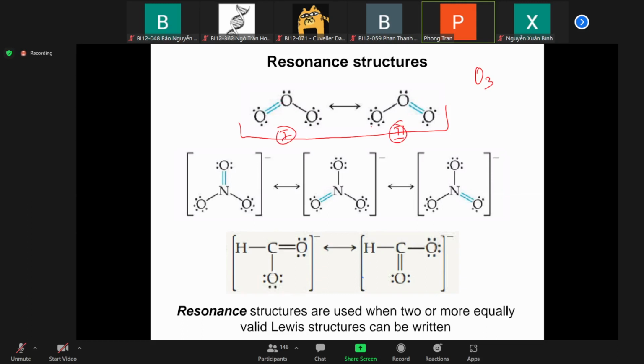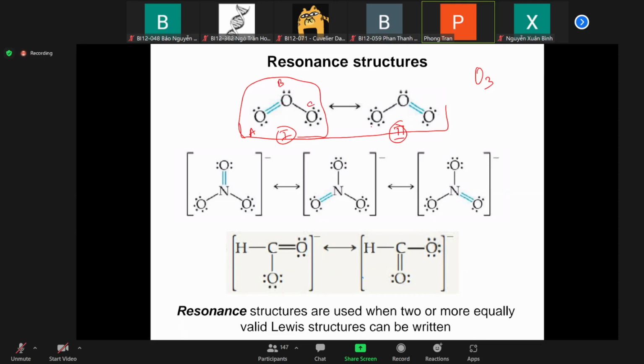They satisfy the octet rule on each atom. Now, if you look at the first structure, you have one oxygen in the center and two atoms outside. Let's label the atoms A, B, and C.